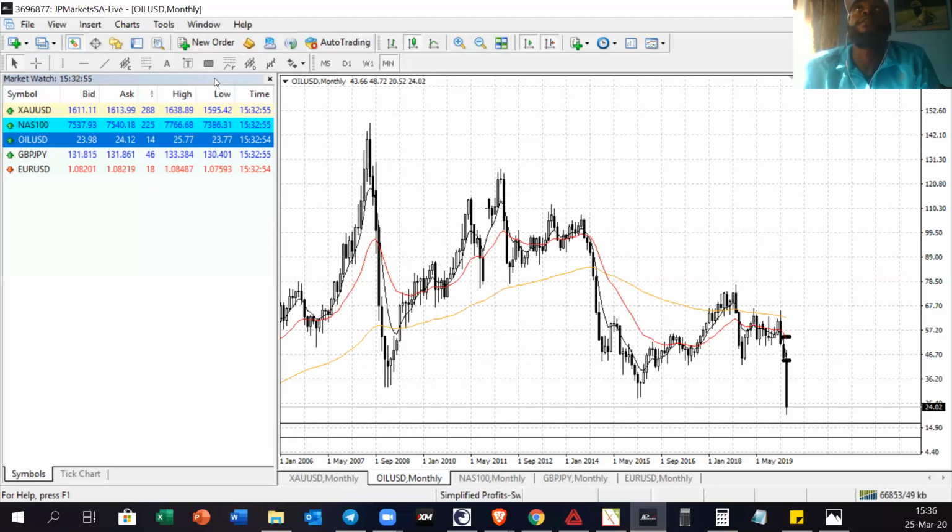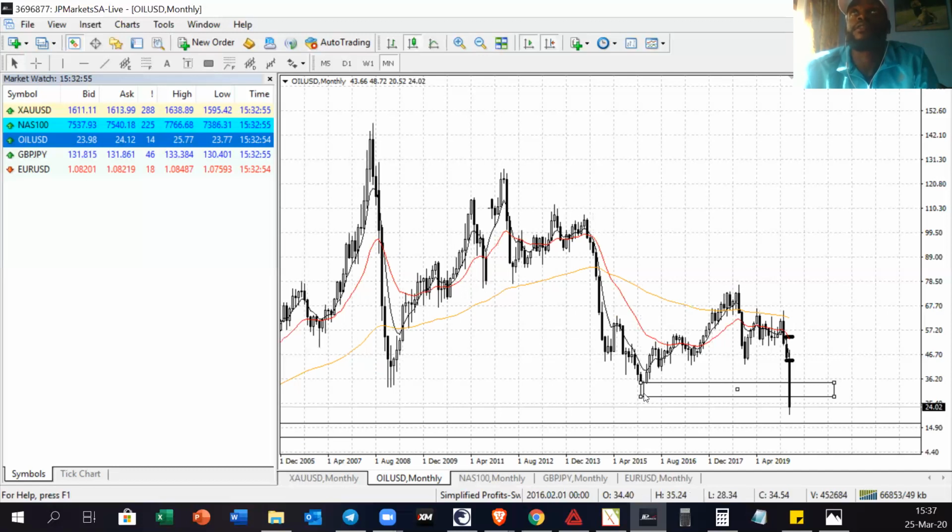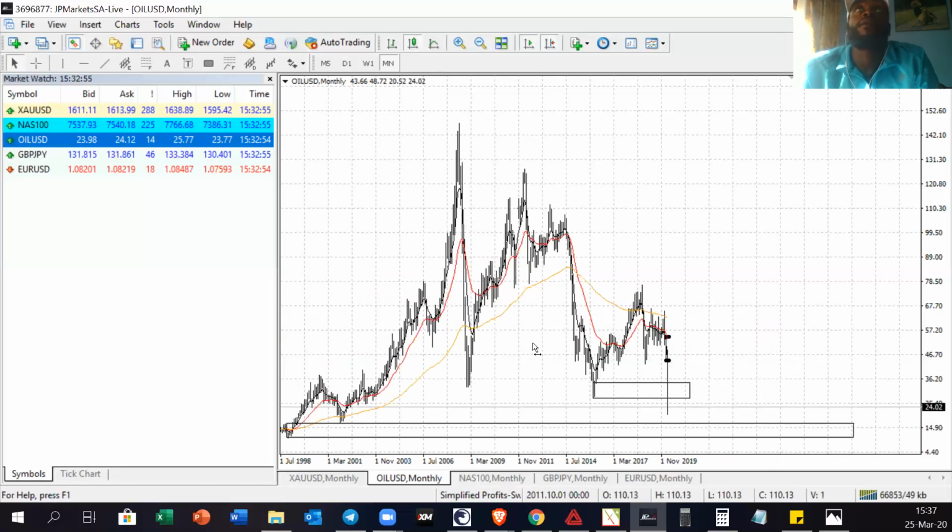And then I'm also going to identify this, which is basically just a level of massive level. And if you really want to take it one step further, I'm going to go ahead and identify this 43 level, which is last month's low.